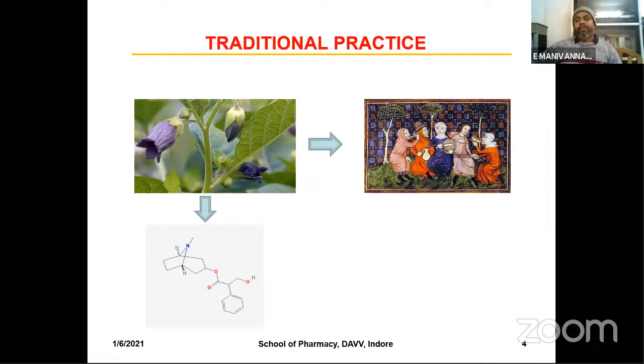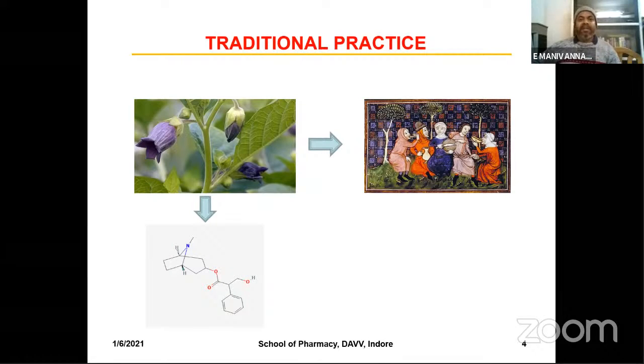This beautification purpose, this traditional practice, gives a lot of information about the pharmacological properties of the drug atropine. Whenever people take Atropa belladonna extract, sweating decreases. Bodily secretion decreases because of the anticholinergic effect of atropine, and this was identified from the traditional practice.